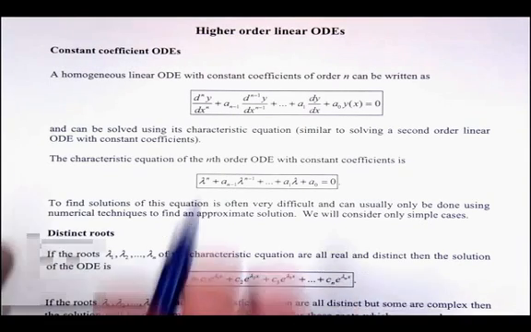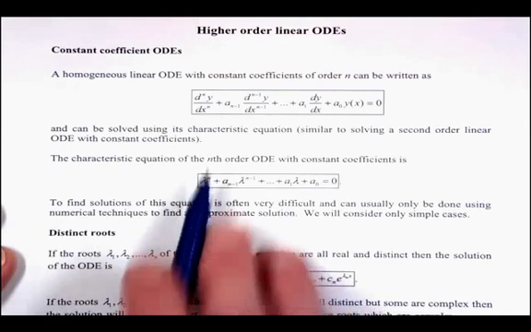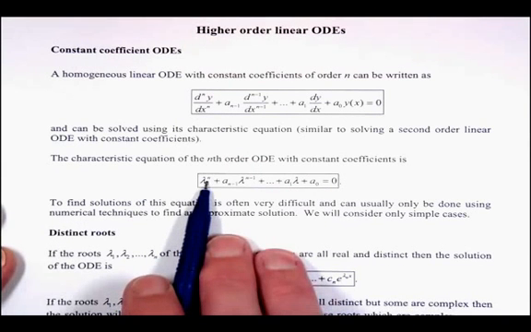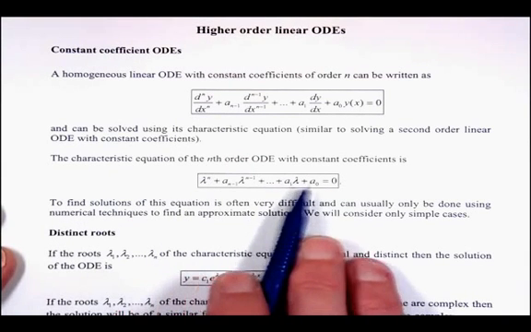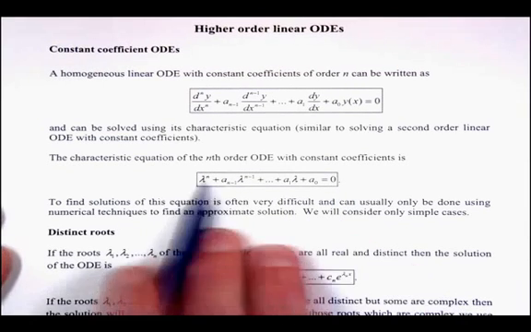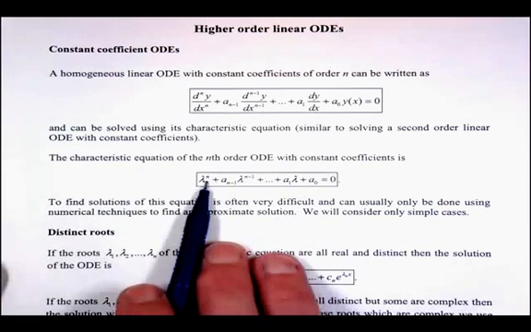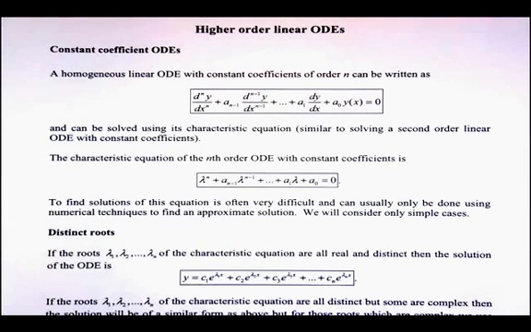And we see that if this was 10, then we would write down lambda to the 10. Or if it was 100, we'd write down lambda to the 100 and take all of the powers down to lambda to the 1 and lambda to the 0, equal to 0. And as long as we can solve that equation, for an nth order polynomial equation, there are in general, if you go to complex numbers, n solutions to an nth order differential equation.